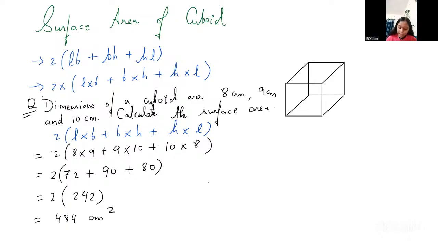Now, ma'am, in the question, it's not written what is length, what is height, what is breadth. The first one is always length. Second one is always B. Third one is always H. That is the series how it's written.